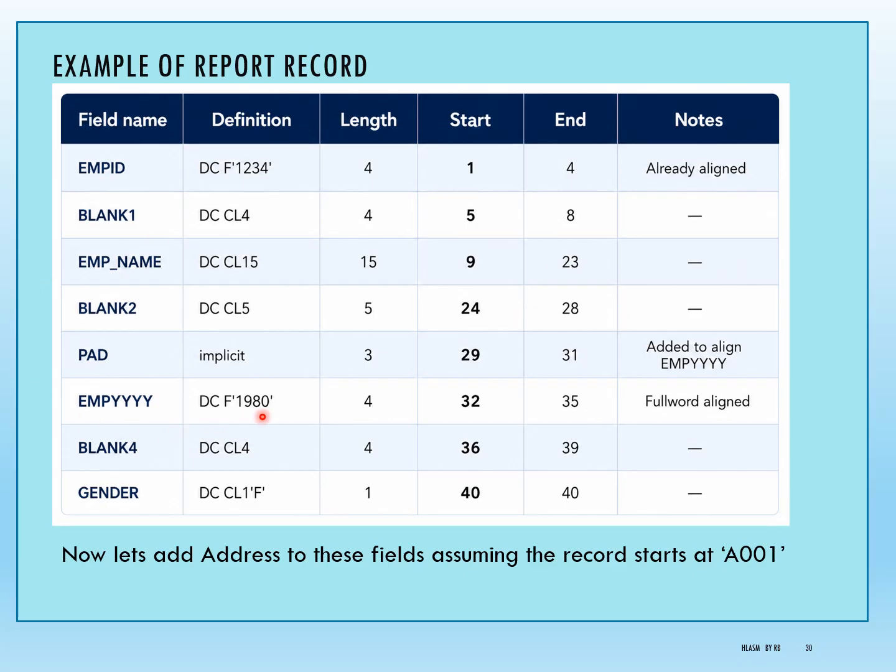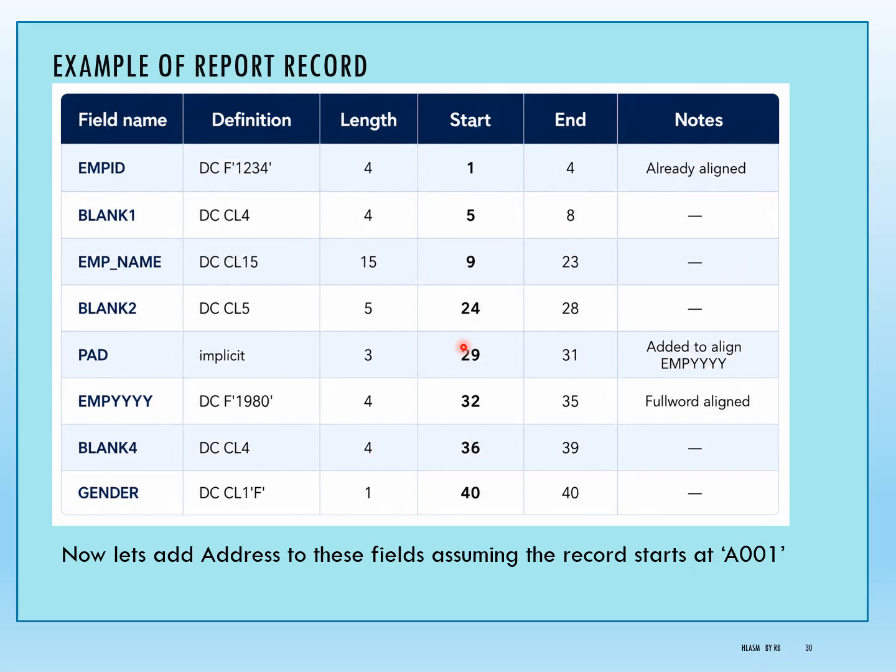Now there is another full word here, and what is interesting is that if you remember, a full word should always start at a boundary of 4. So 4 into 8, 32. It cannot start at 29. Remember this.